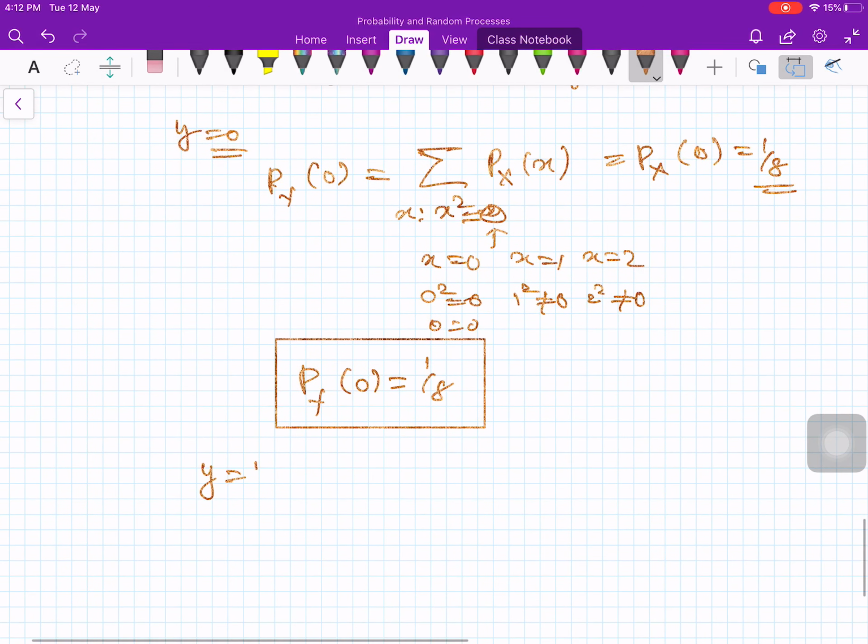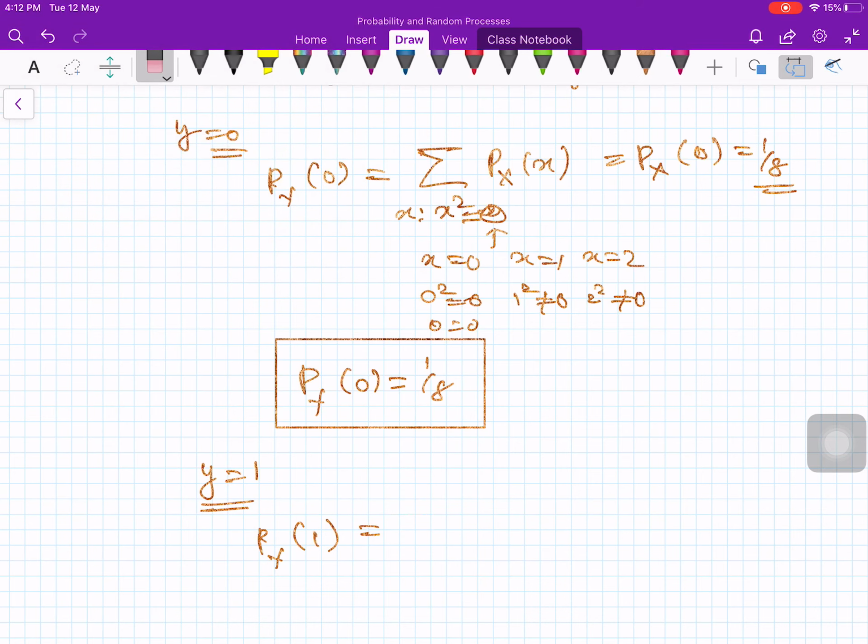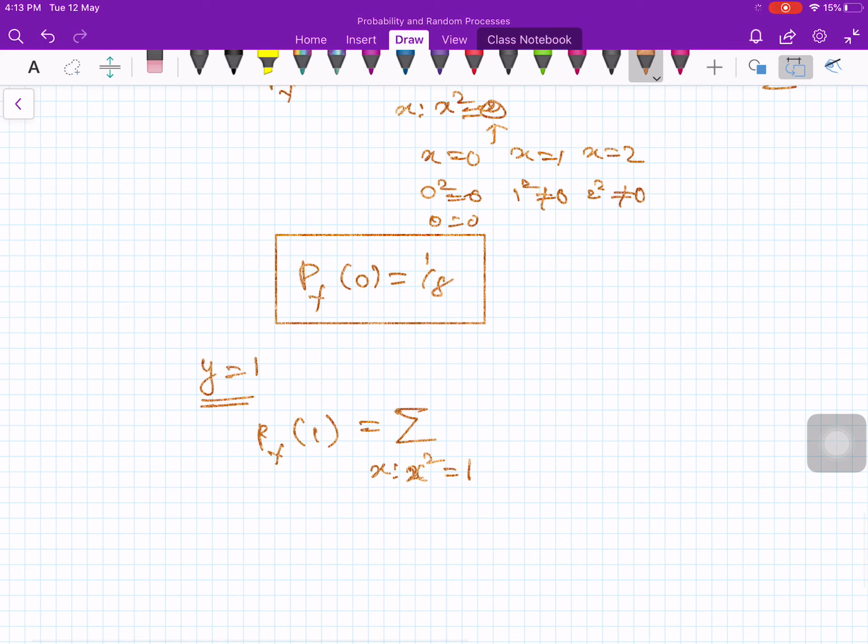Now substitute y equal to 1, then py of 1 is the summation over the set of all x's such that x squared equals 1.